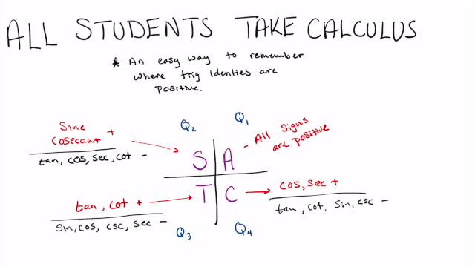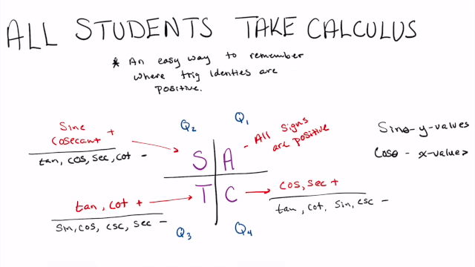Now again, this really helps because when we start evaluating angles within the coordinate system, we know that sine of theta represents our y values, and cosine of theta represents our x values.